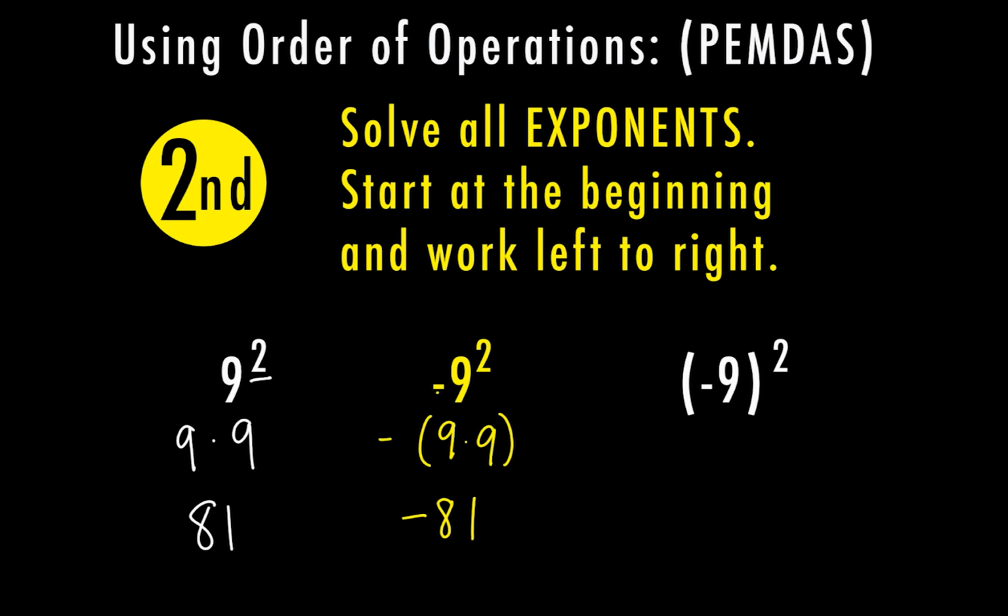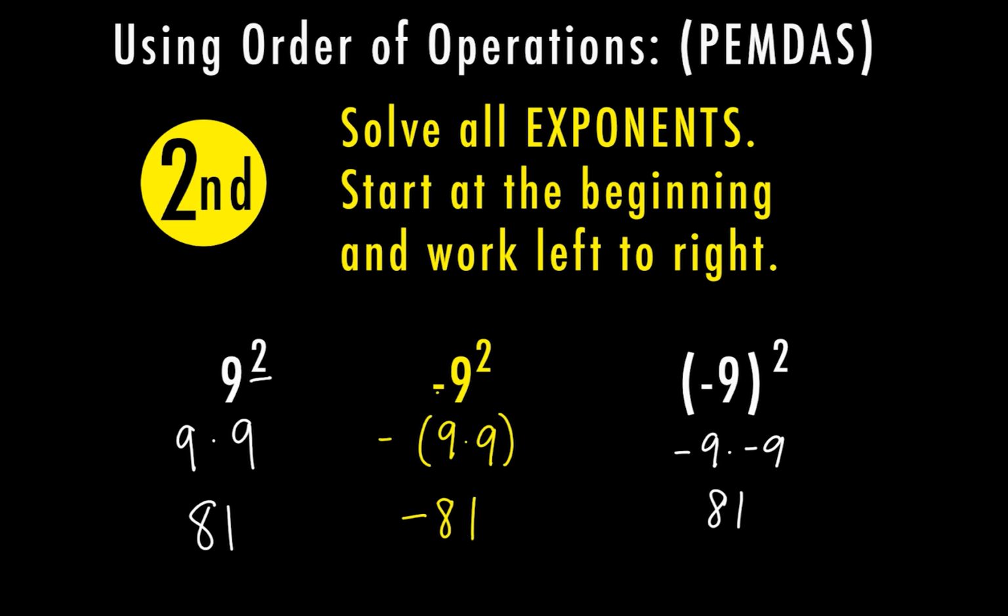This one's a little different because the parentheses has the negative 9 inside, which means we're squaring the entire number. On the second one, we only squared the 9 and kept our negative in front. With this one, we're going to square negative 9. That's negative 9 times negative 9, which equals a positive 81.